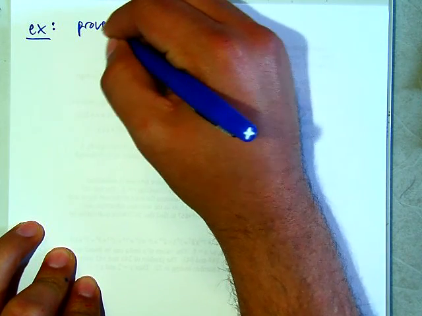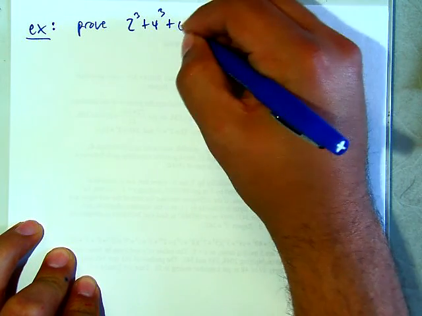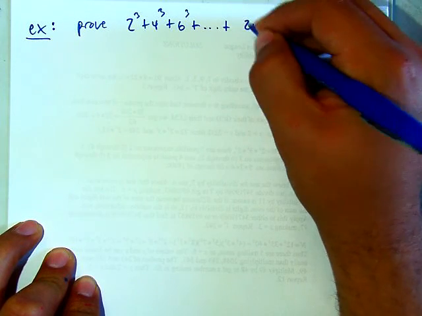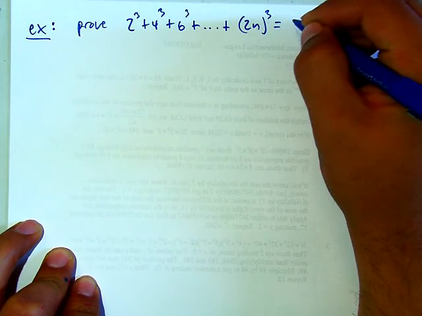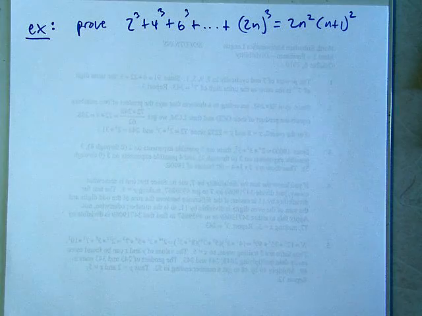Prove that 2 cubed plus 4 cubed plus 6 cubed, etc., is going to equal 2n squared times n plus 1 squared.